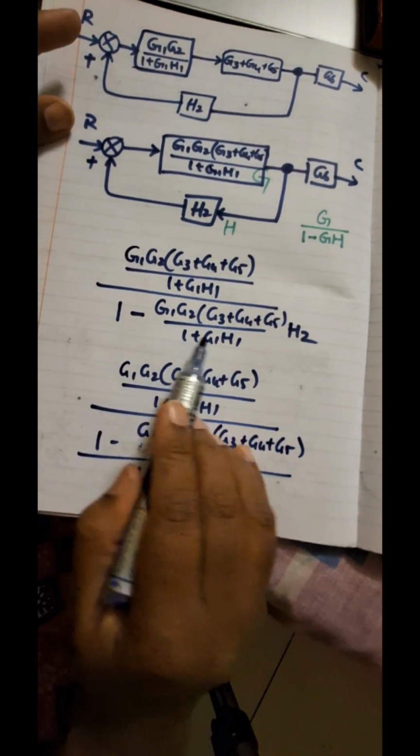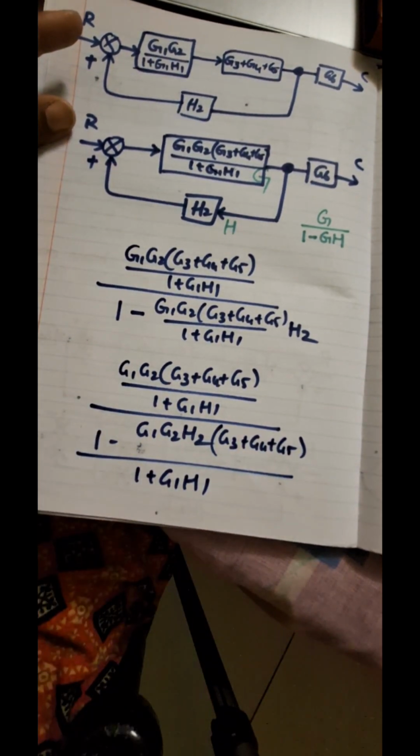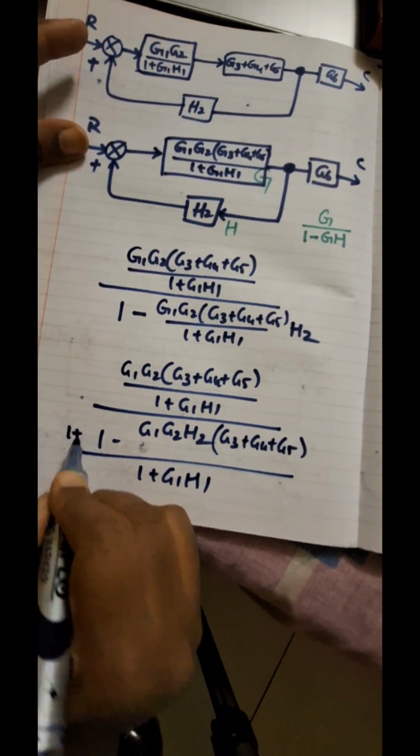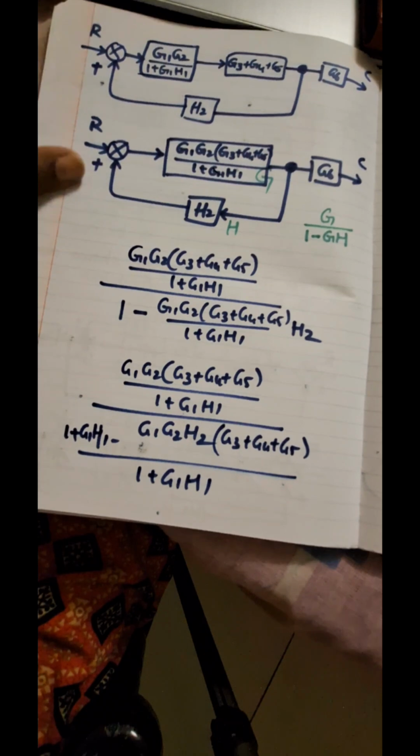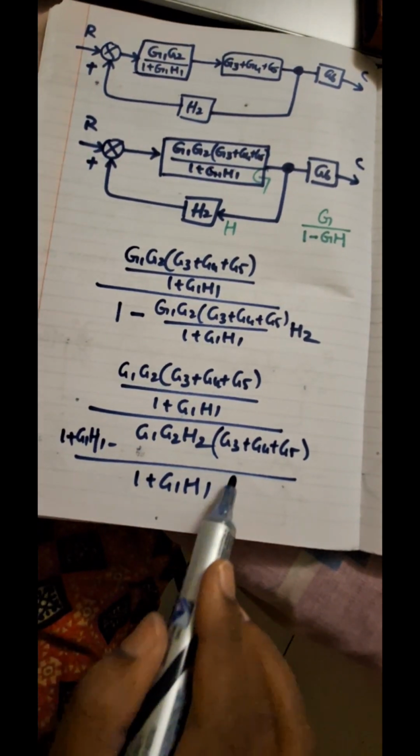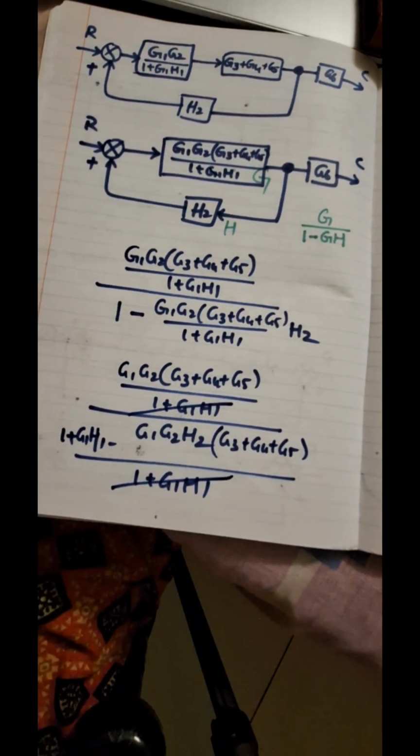When I took LCM, 1 plus G1 H1 should go here, right? So it will be 1 plus G1 H1. Okay? So now 1 plus G1 H1, 1 plus G1 H1 cancel.